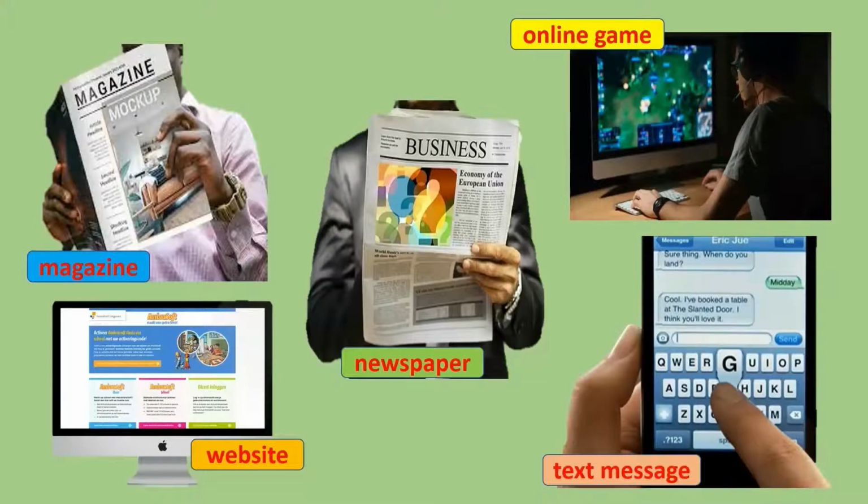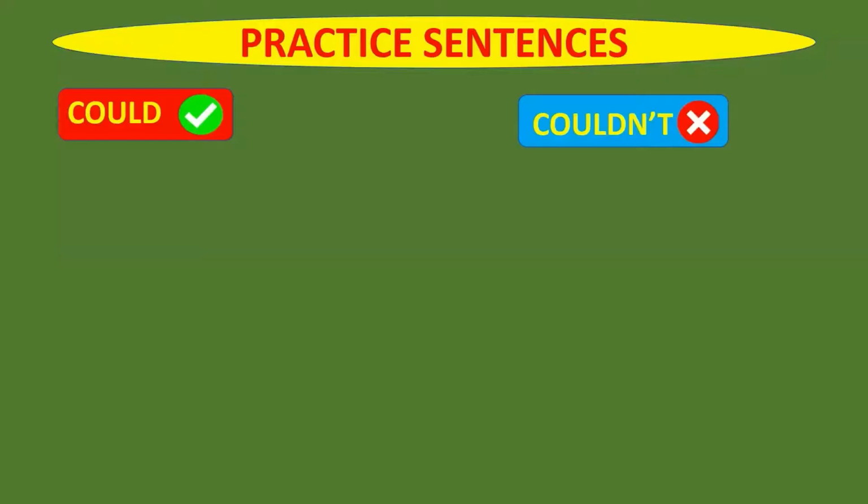So we have here magazine, website, newspaper, online game, text message. We have 10 vocabulary words this week, and please try to remember them.